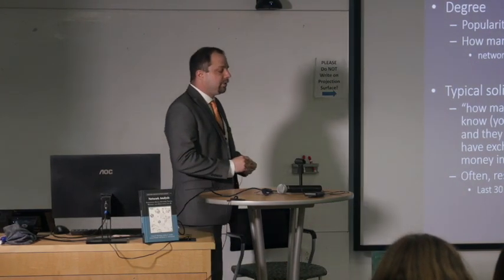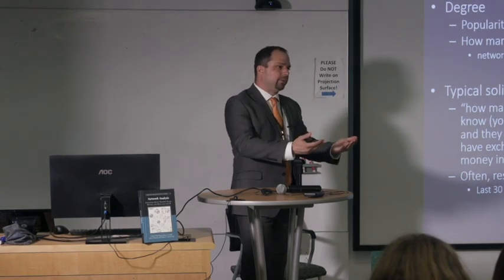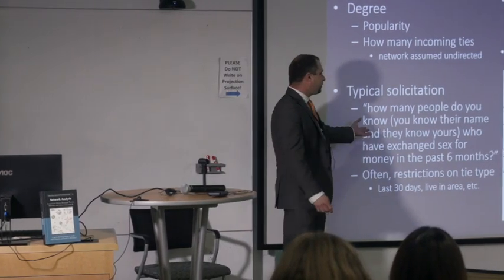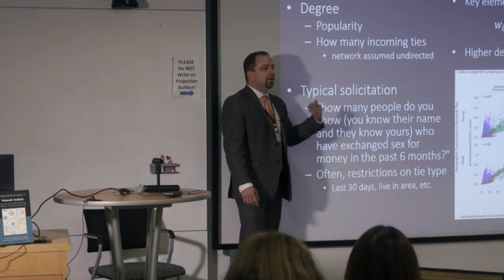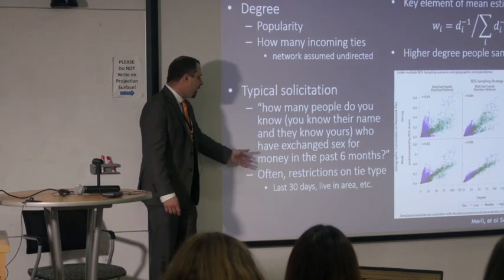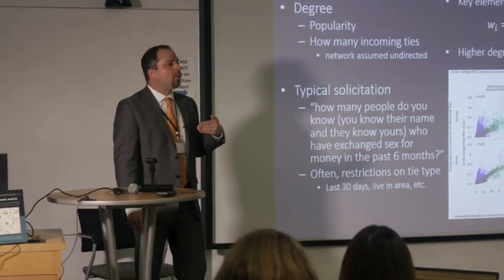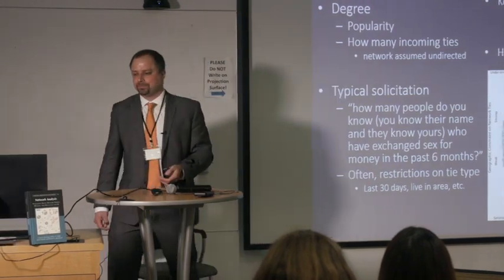Operationally, we have to decide how we measure respondents' degree. It's typically asked in an undirected format: how many people do you know, that you know them and they know you, and they're in the population? That gives a sense of how likely it is that people would be sampled.